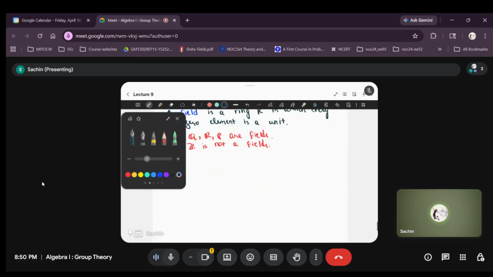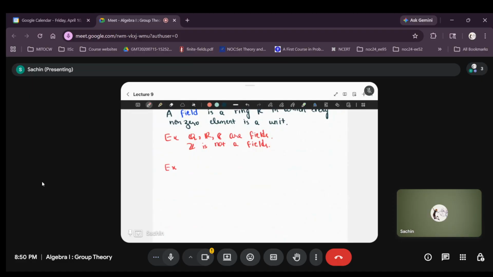Then what about for other integers? What about Z mod 2Z? Which is 0 bar and 1 bar. 0 bar is the set of all even numbers and 1 bar is the set of all odd numbers.